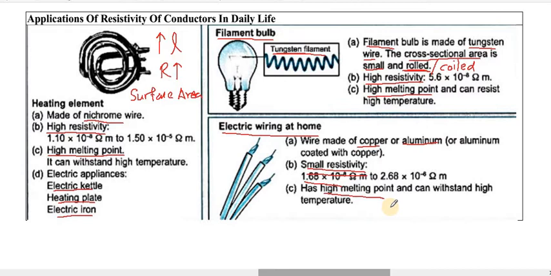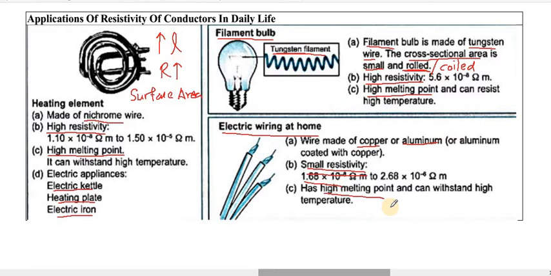So for example, when you are using your phone, watching television, using your laptop, your computer and so on, after you use it for a long period of time, it will become hot.